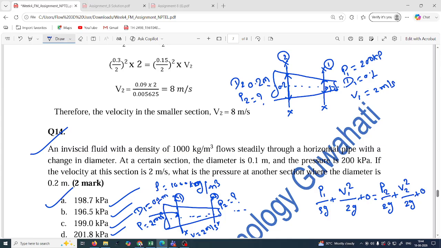And how will we calculate V2? For the V2 calculation, the continuity equation comes into the picture. A1 V1 is equal to A2 V2. You know very well. So V2 is equal to what? A1, pi by 4 into 0.1 square, times V1, which is 2 meter per second, divided by A2, pi by 4 into 0.2 square.